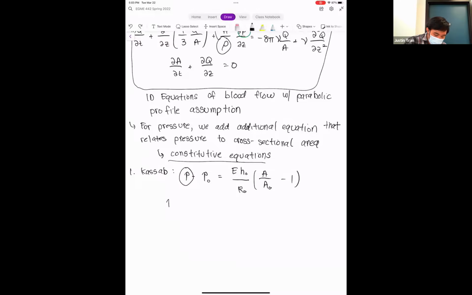P0 is what's known as a reference pressure. It's the pressure inside the vessel at some kind of reference state, and usually they take a flow-free state. So if there's no flow in the vessel, what does the pressure look like? E here is the Young's modulus.